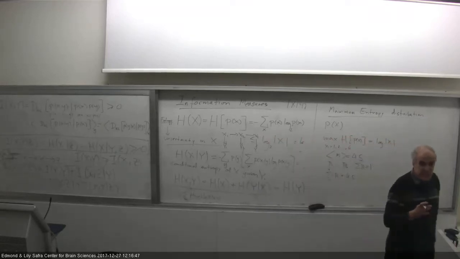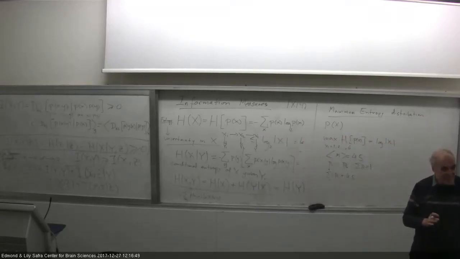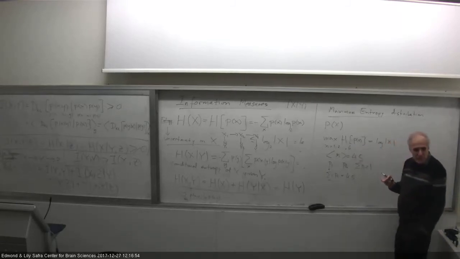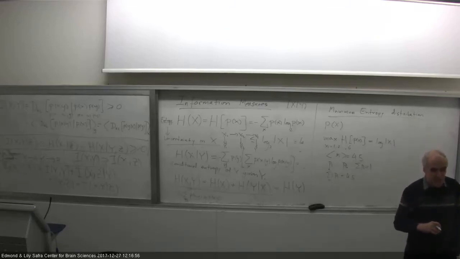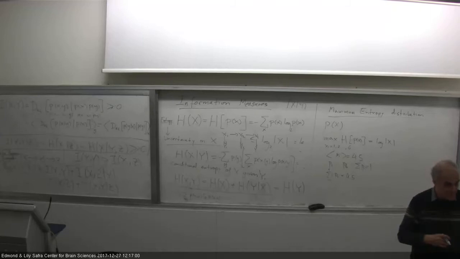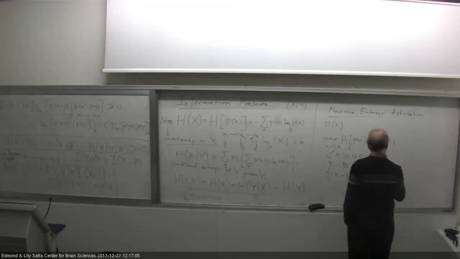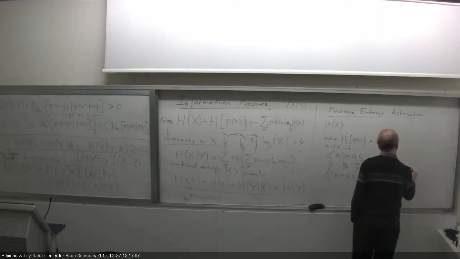But there's a very good reason to believe that just as you maximize the entropy when you didn't know anything, maybe you want to maximize the entropy subject to what you know. So the reasonable answer to this is to take the argmax of H of p subject to these constraints, that the sum of i P_i was 4.5 and that the sum of P_i is 1.